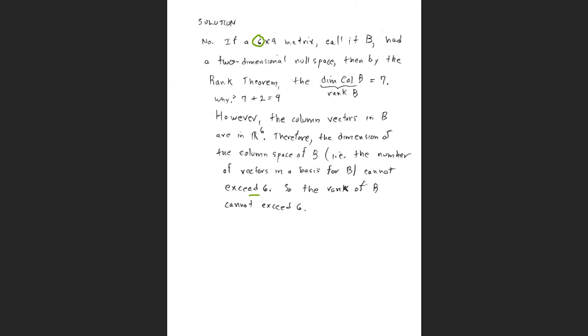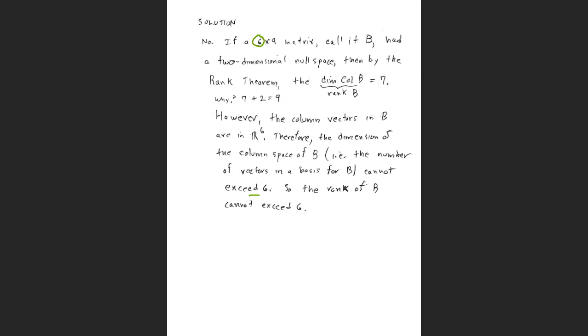But 6 vectors would be the most. You can't have 7 vectors, because you would have linear dependence, since 7 vectors is 1 vector more than the dimension of 6-dimensional space.